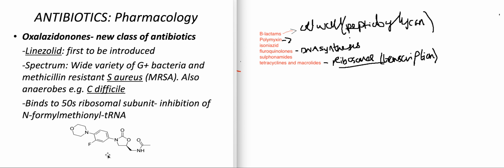Linezolid, an oxazolidinone, is a new class of antibiotic that's recently been in the media and been developed. Linezolid is the first to be introduced, and it's meant to act against a variety of gram-positive bacteria, mainly MRSA. MRSA stands for methicillin-resistant Staphylococcus aureus.